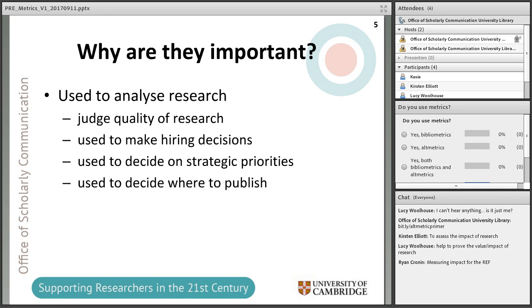Researchers might use them to decide where to publish as well, because metrics are used to make hiring decisions and judge the quality of researchers, and researchers are aware of that. And so they might use the metrics because they're thinking about their work being judged further down the line. And librarians might use them to decide what journals to buy.